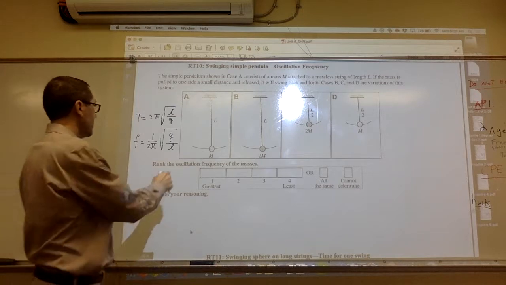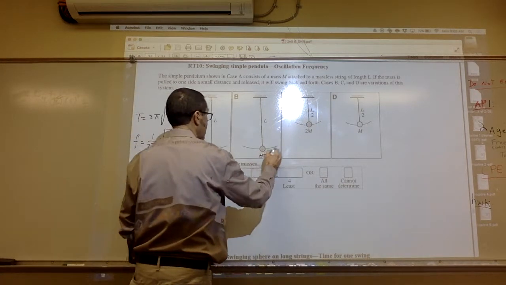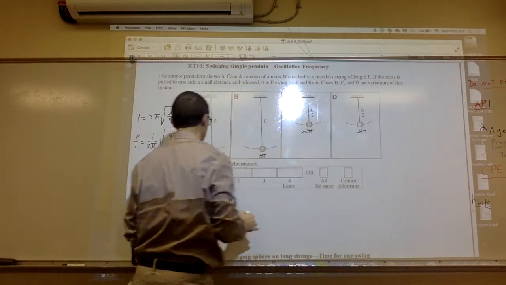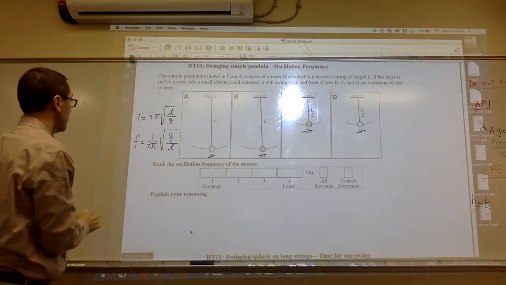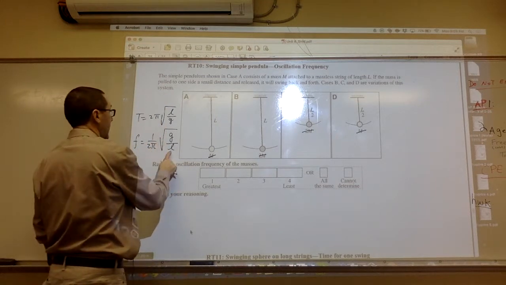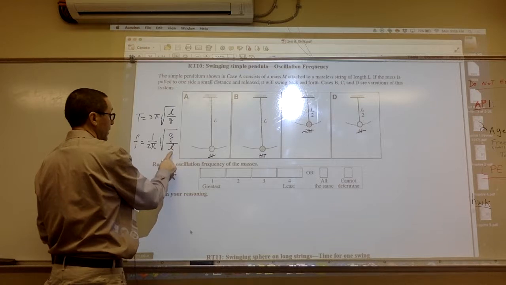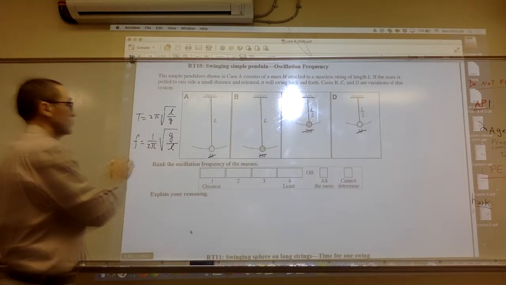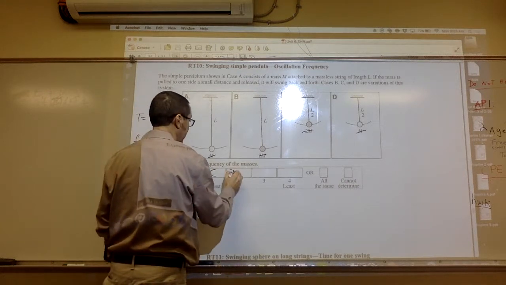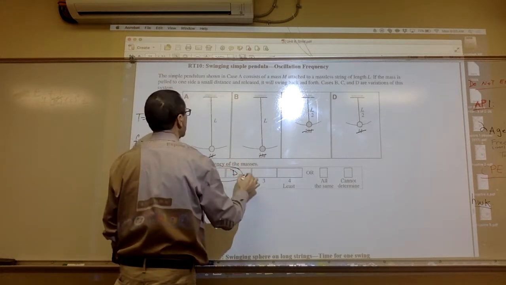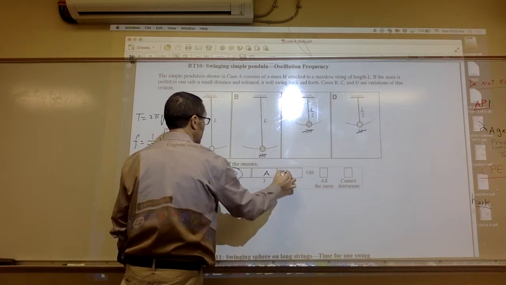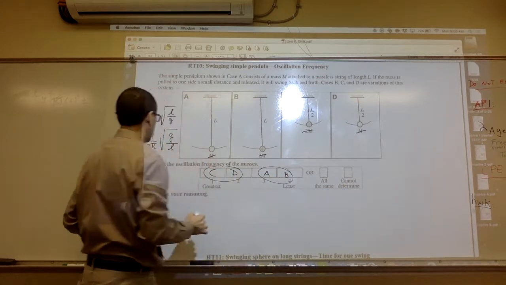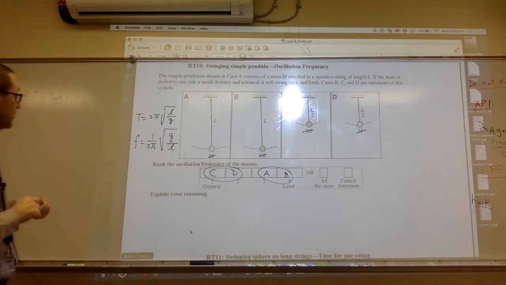The mass doesn't matter, so we don't care about the masses. The only thing we have to worry about is the length of the string. The shorter the length, the higher the frequency. So it looks like C and D have the same length, so they come first, and then A and B have the same length and they come last, because there is an inverse relationship between frequency and the length of the pendulum.